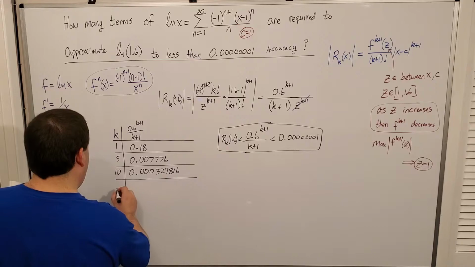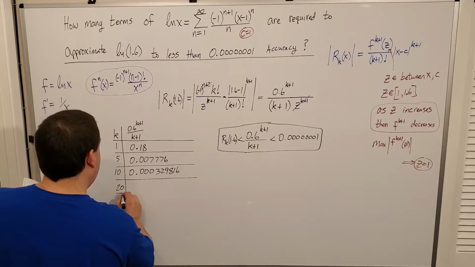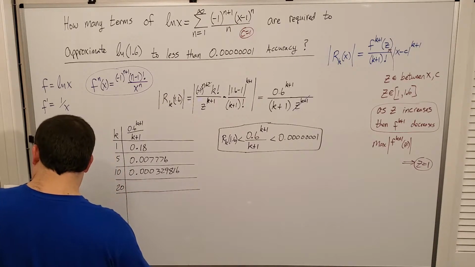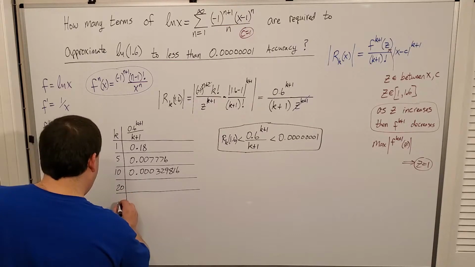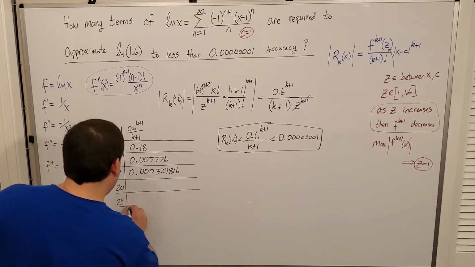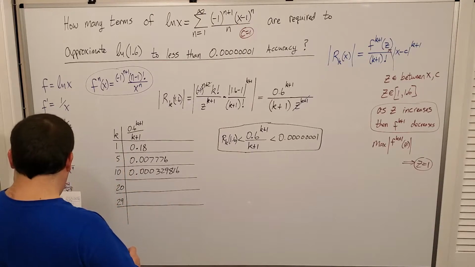So from 10, I went ahead and jumped to 20. And then after that, I started jumping intermittently and plugging things in. I jumped up to 29. Okay, so here we go.